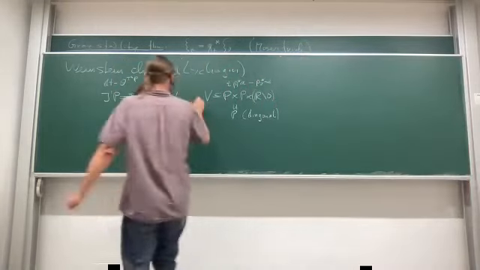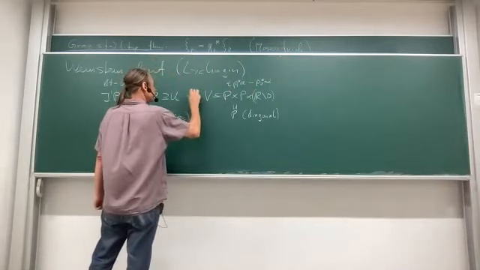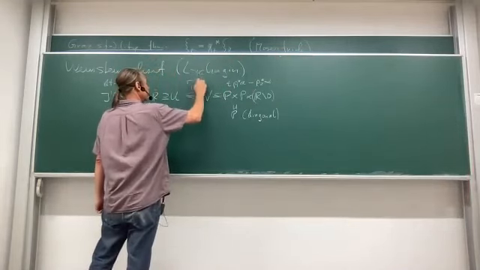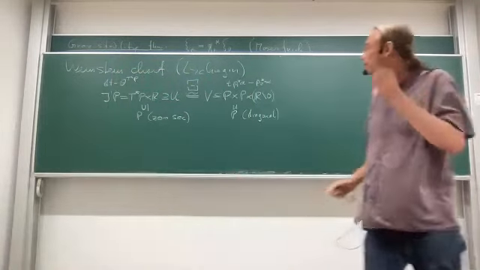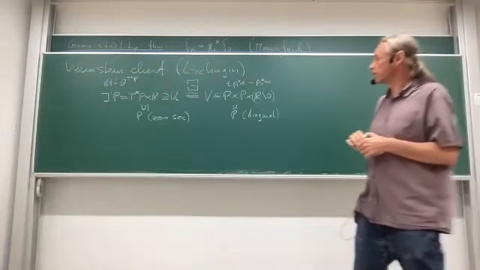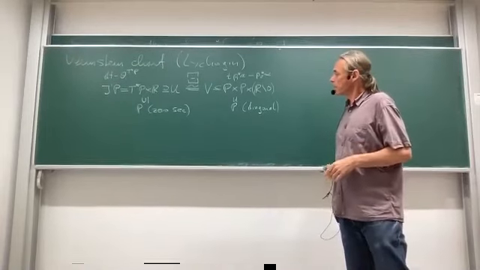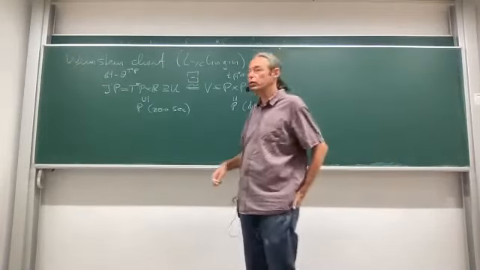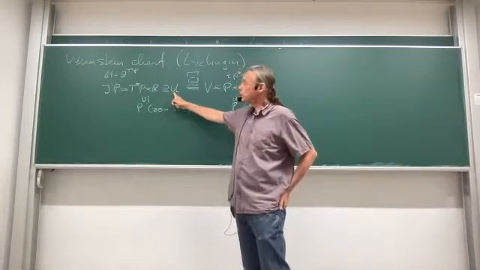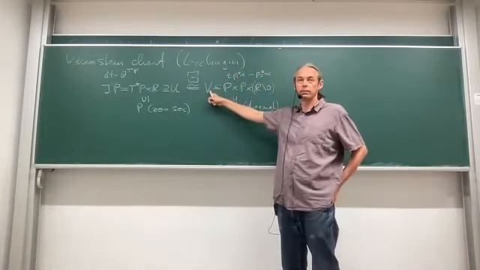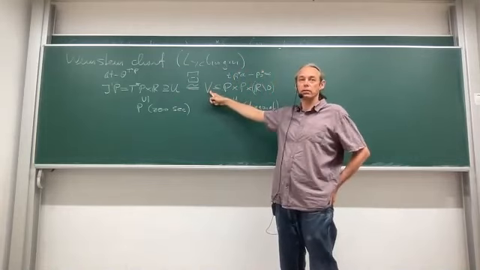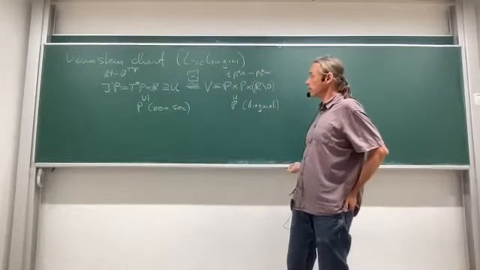So there's a contact diffeomorphism, and I will call it theta. In particular, this is what we're going to use. Isotropic submanifolds in U correspond to isotropic submanifolds in V, just because it's a contact diffeomorphism. This is the main point.